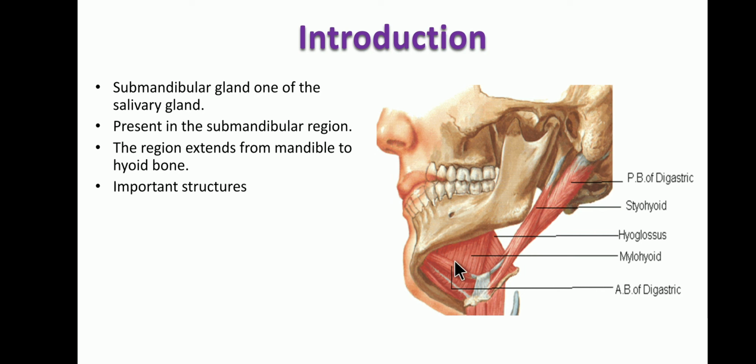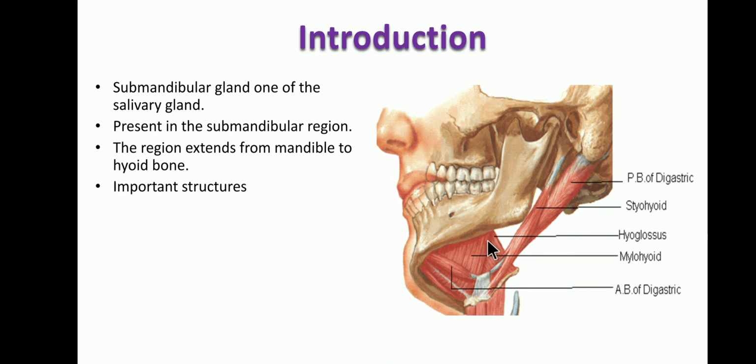suprahyoid muscles. You should try to understand these two muscles, which form the bed of the submandibular salivary gland. One is the mylohyoid muscle. This muscle we have discussed extensively in the submental triangle.